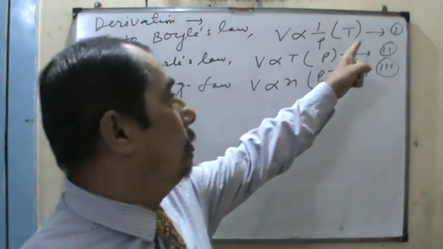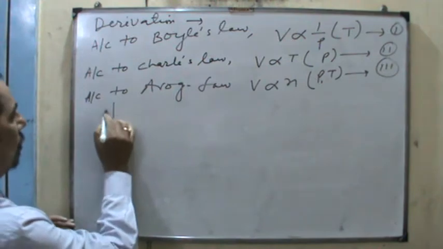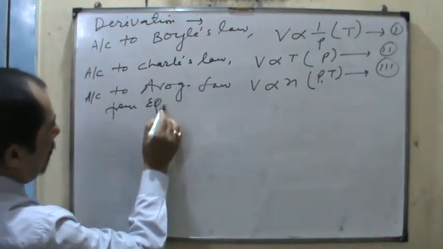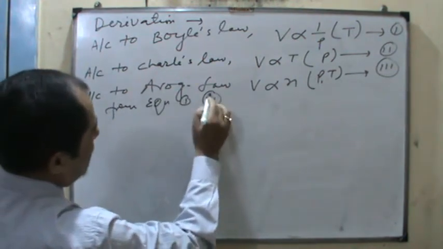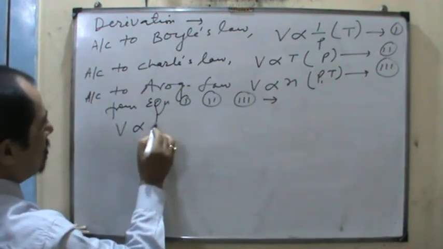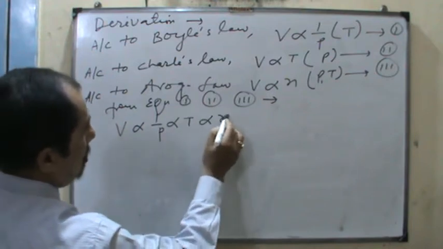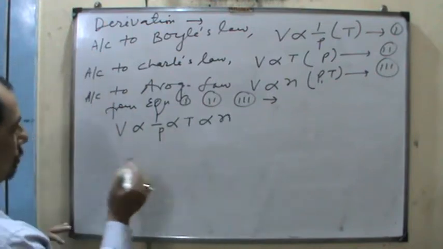So from the first, second, and third equations, we get that volume is inversely proportional to the pressure, directly proportional to the temperature, and directly proportional to the number of moles.